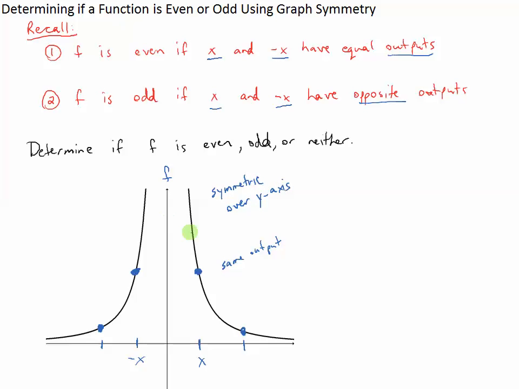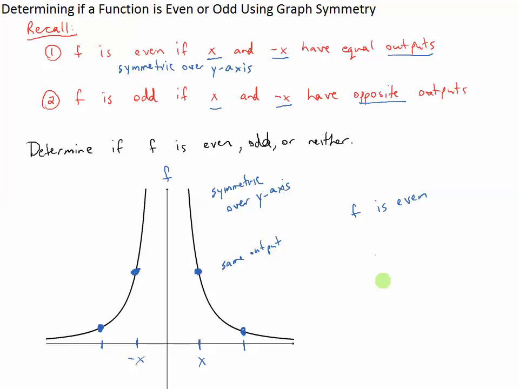It's a mirror image of itself over the y-axis. Every point has a mirror image across the y-axis. That is precisely the same thing as being even. So even means symmetric over the y-axis. So this function, f, is even.